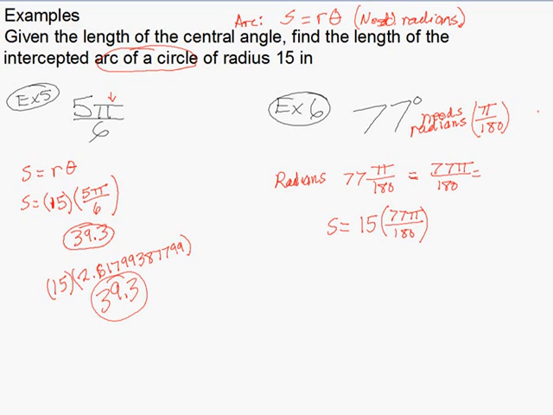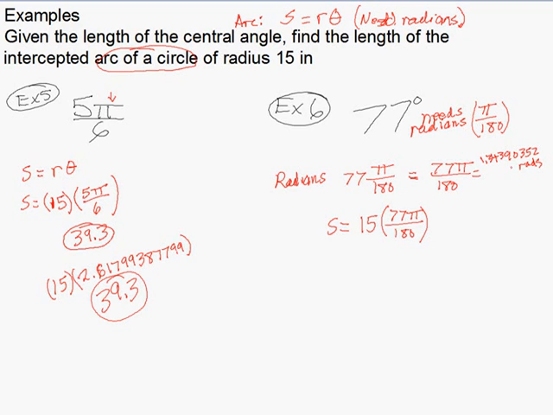Okay, so when we figure out the decimal and we have 77 pi over 180, it's going to be 1.34390352 radians.